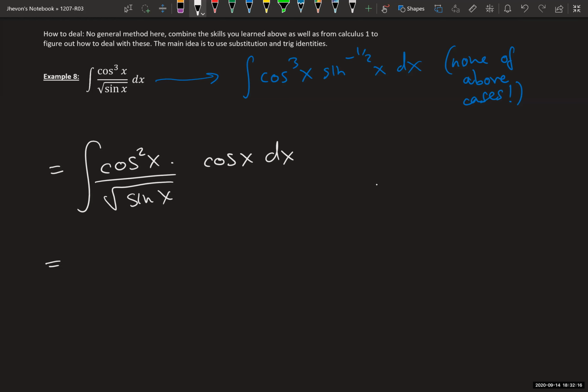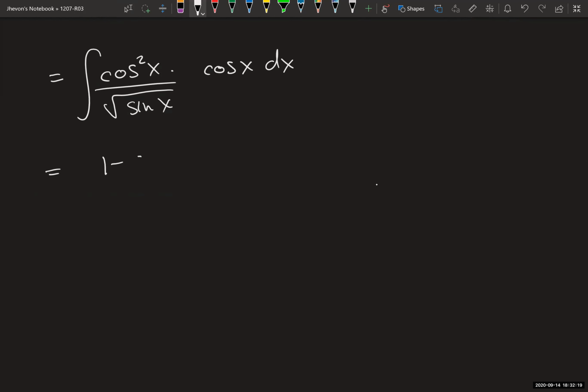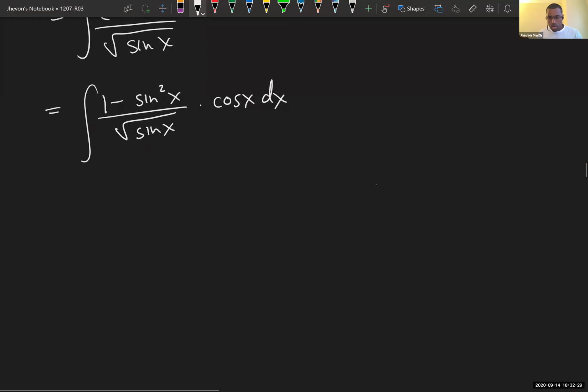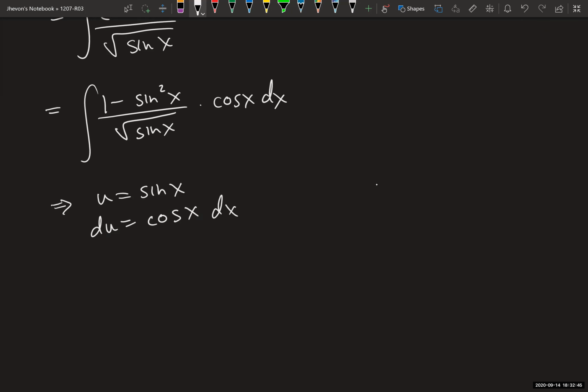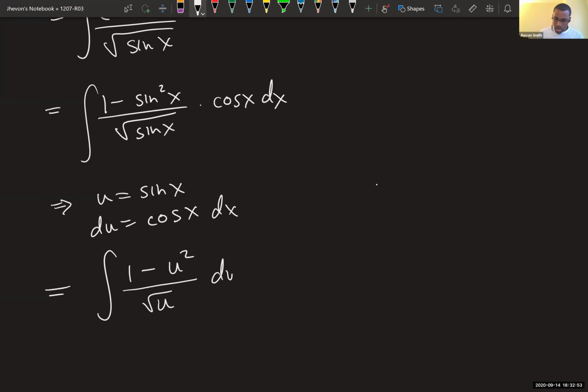Change cosine squared into 1 minus sine squared. And then? U is sine, not sine squared, and du is cosine x dx.